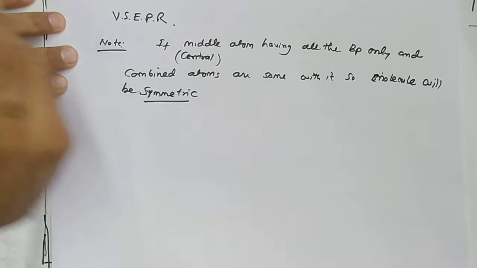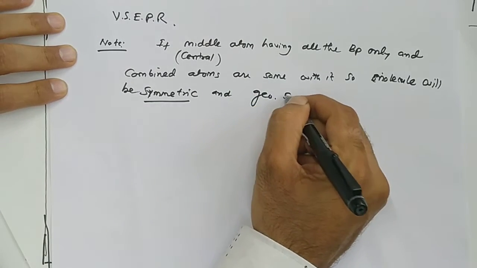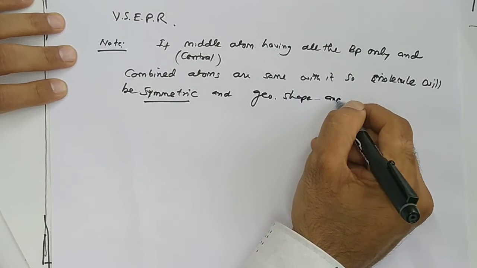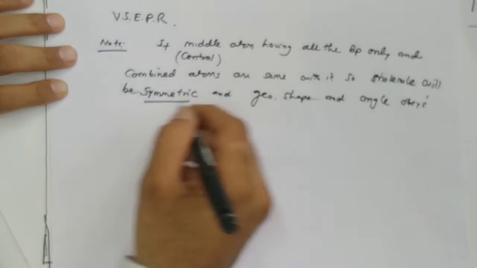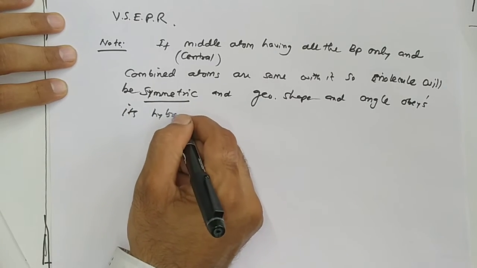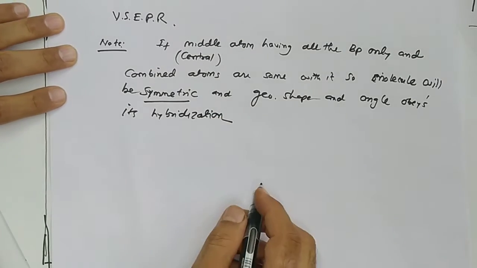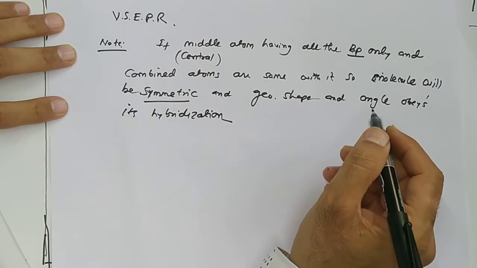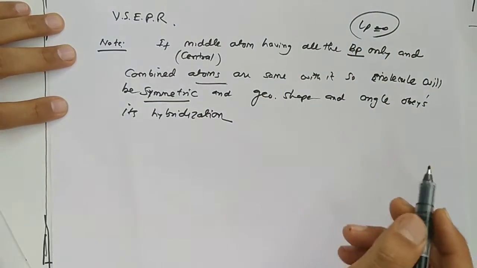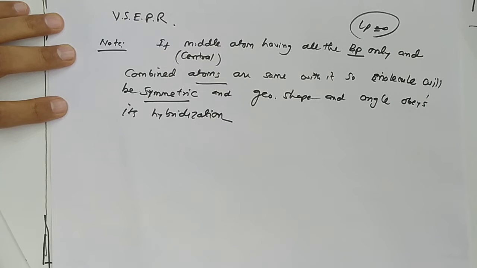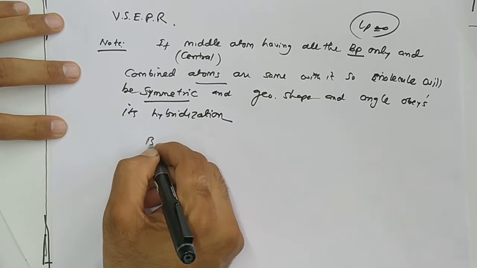So the shape is symmetric, and the geometrical shape and angle obey its hybridization. Bonding pair only, lone pair is 0 and all the atoms are the same, so it should be perfectly symmetric. I am giving the example BF3.